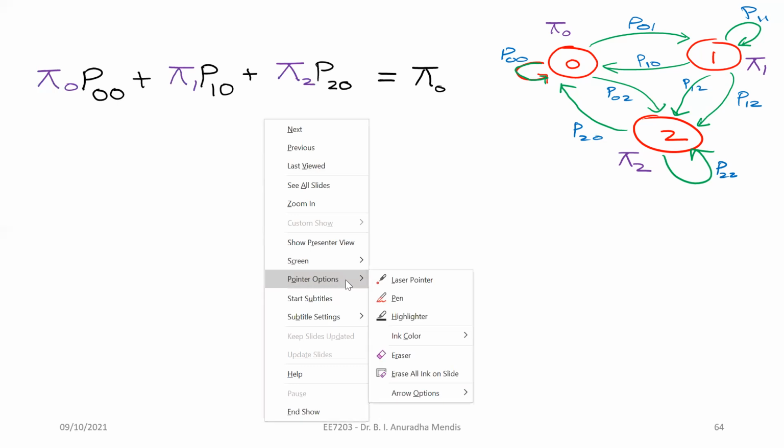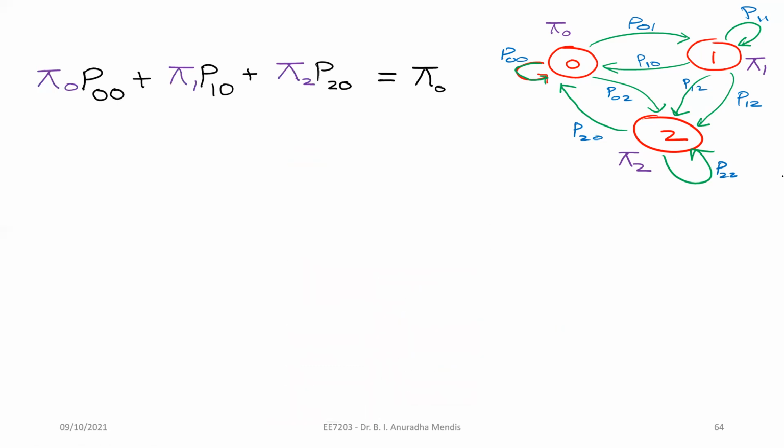So in the same way, can you write an equation for phi 1? So that means this state probability. What you can do is be in state 0 and then go to 1, or you can be at state 1 and go again to 1, or you can be at state 2 and then go to 1.